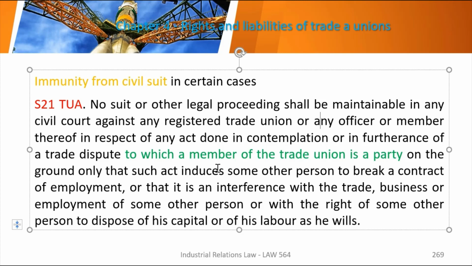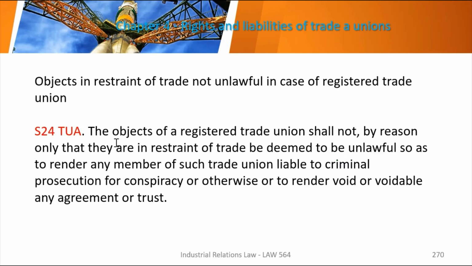So they are going to be protected by the law because they are fighting on behalf of their members, in furtherance of a trade dispute to which a member of the trade union is a party, on the grounds only that such act induces some other person to break a contract of employment. So here, it gives the trade union the authority to actively act on behalf of their members. And the law will be there to protect them.